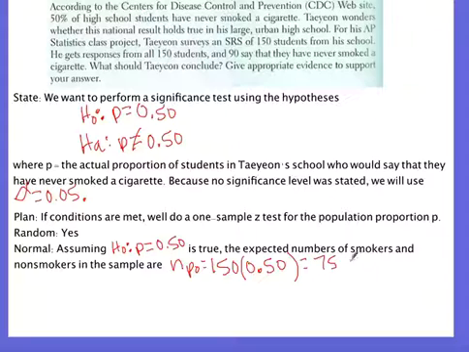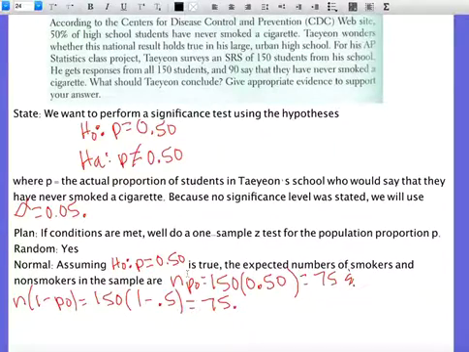That's bigger than 10. And then you have to do N times 1 minus P0, which would be those who are not smokers. So I'm doing N times 1 minus P0, which would be 150 times 1 minus 0.5. And so that would also be 75.